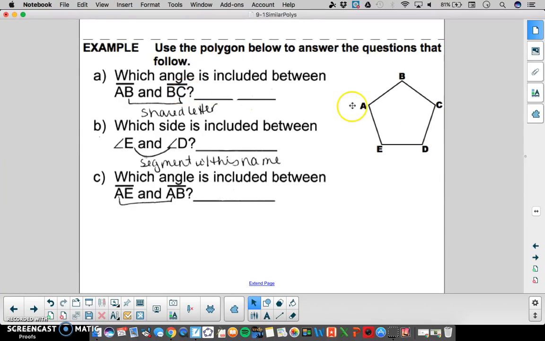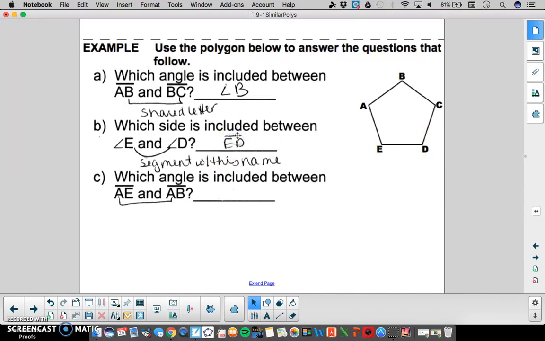So which angle is included between AB and BC? Well, here's AB and BC. It's the shared letter between them, or the shared angle between those sides. So angle B is between sides AB and BC. Which side is included between angle E and angle D? Angle E is here, angle D is here.